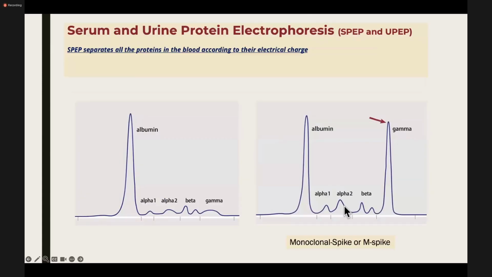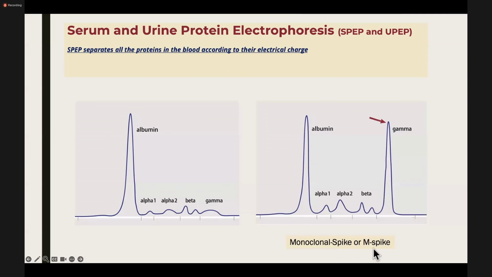Now, another thing you see, remember I told you already that electrophoresis could be used for sickle cell, could be used for thalassemia, could be used for multiple myeloma. With multiple myeloma, this is normal. Albumin is the only one that you're going to see a spike in, right? But in multiple myeloma, you're going to see a gamma spike.